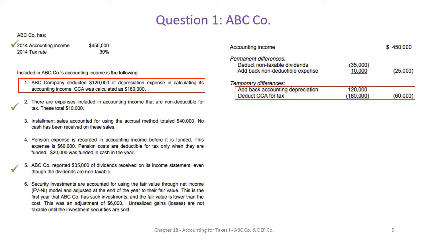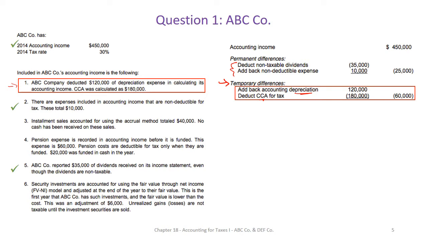So this example only has 2 permanent differences, and once we complete those, we move on to temporary differences, and temporary differences are those items that will eventually reverse themselves. One of the most common temporary differences relates to depreciation and CCA. If we look at item 1, the company deducted $120,000 of depreciation.